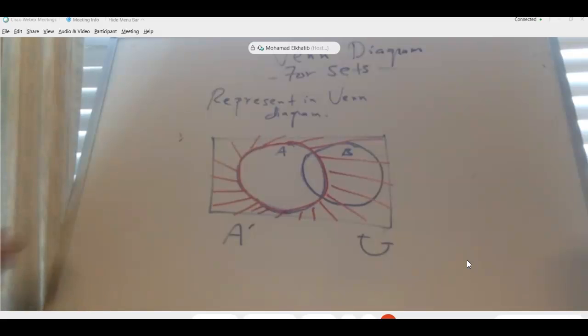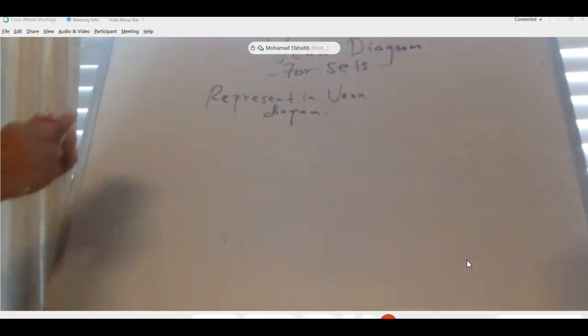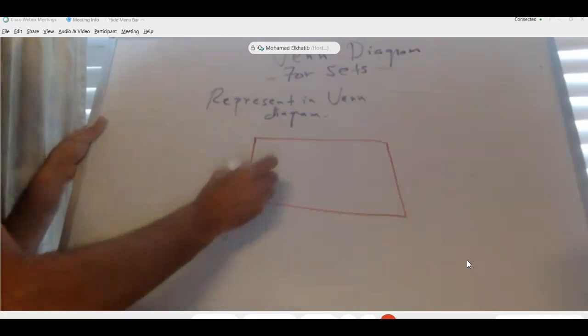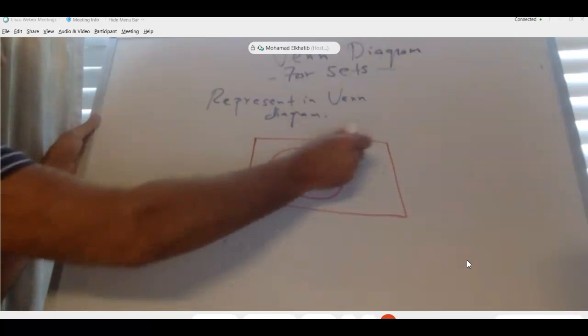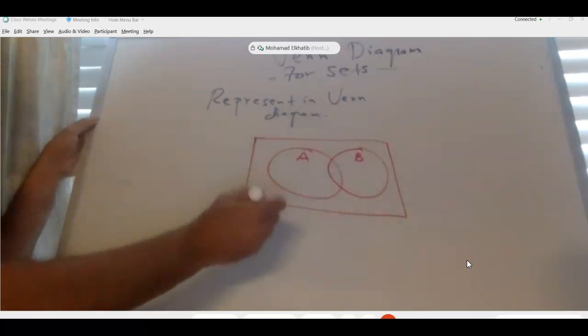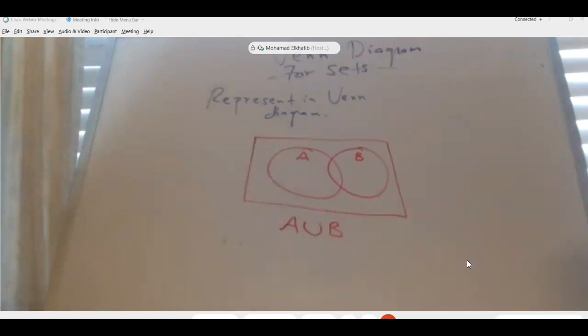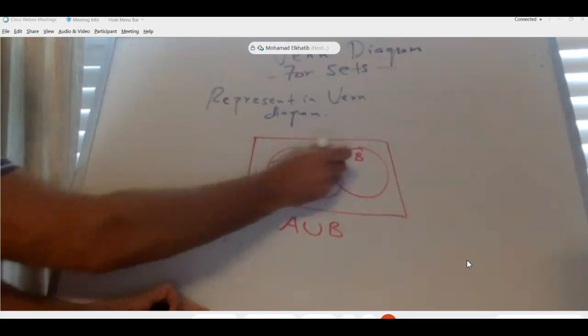So what if I want to do this in a Venn diagram? Remember, the big rectangle is the universal set U. If I ask you to show me A union B on the Venn diagram, what does A union B mean? All the elements in A and B, correct? So A union B is everything in A and B, all of it.